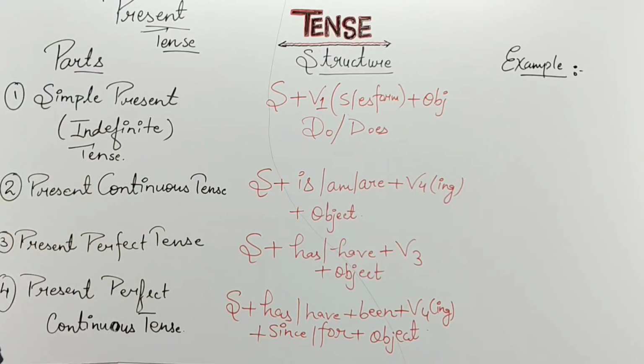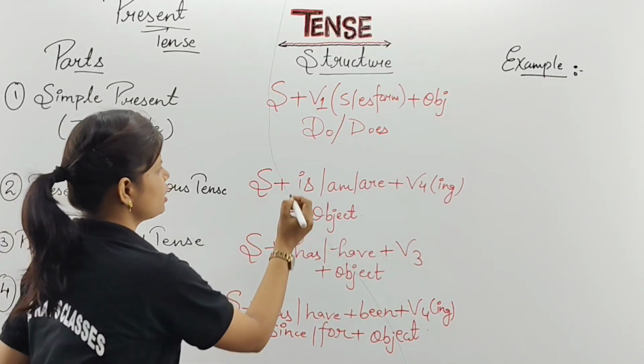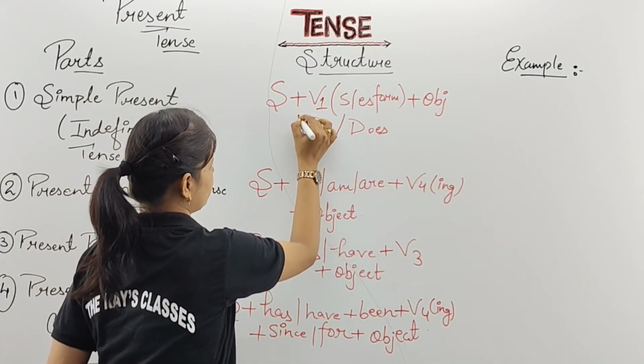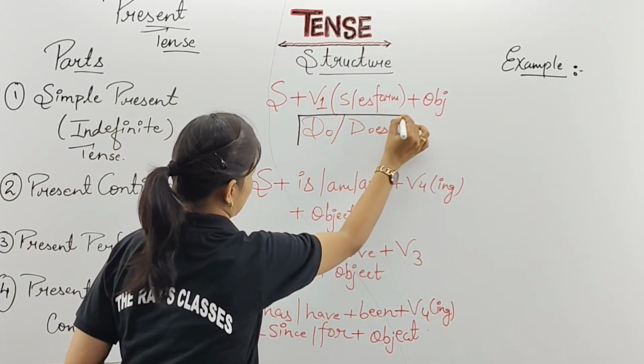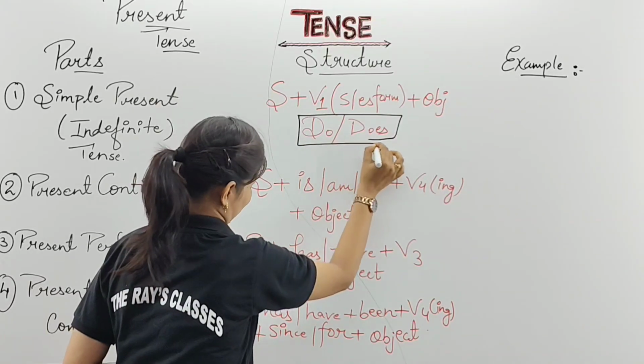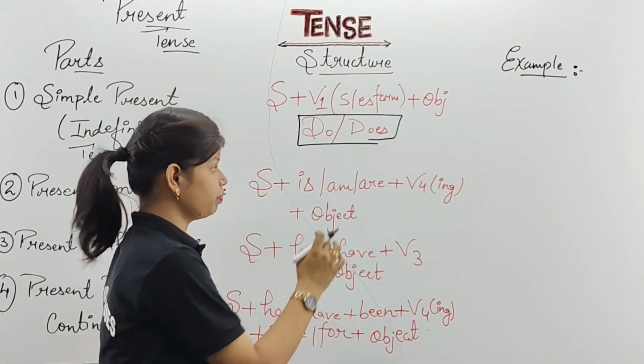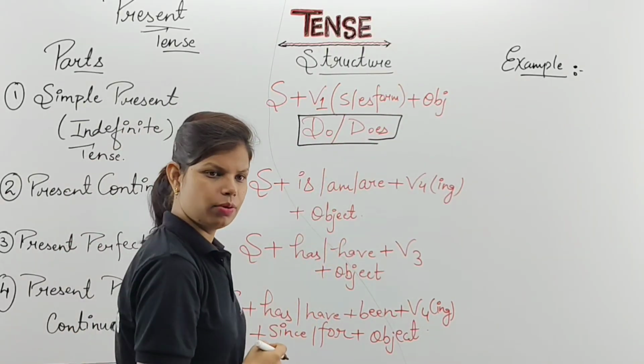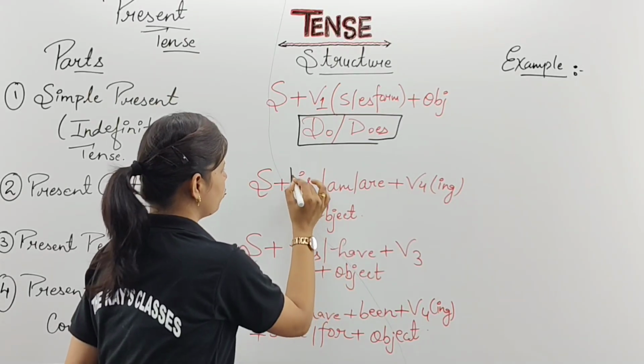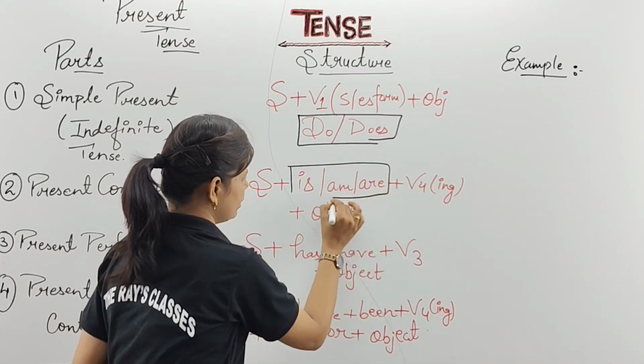So there are many ways to distinguish. I will try to circle it out, the sentence, so that you can understand. Clear? In this one, we are using this part as a helping verb. Rest of all is important, but I am just first underlining this helping verb. Clear, no? In this we are using helping verb what? Is, am, are.